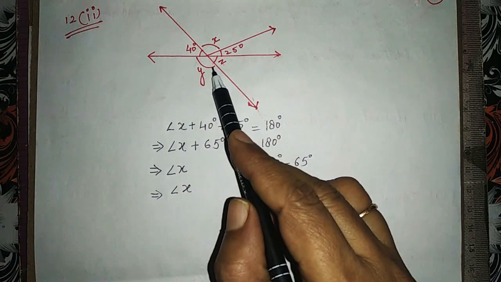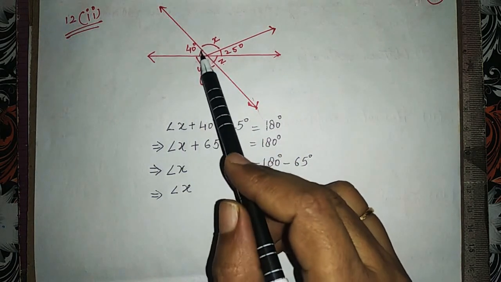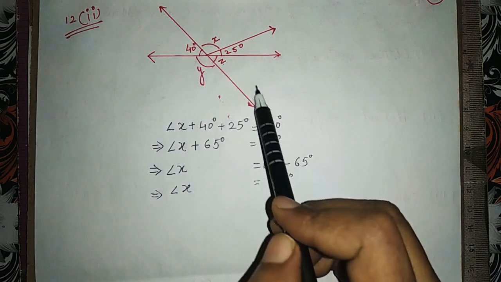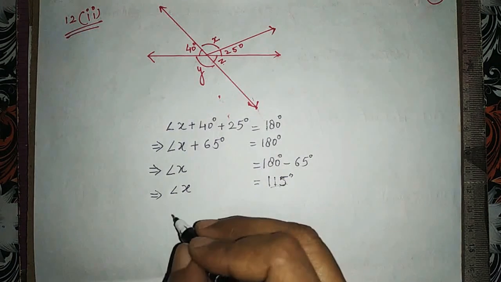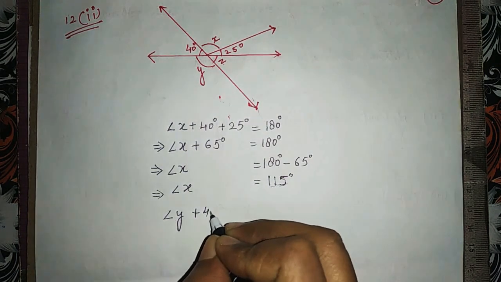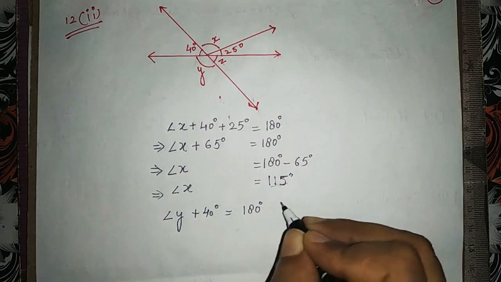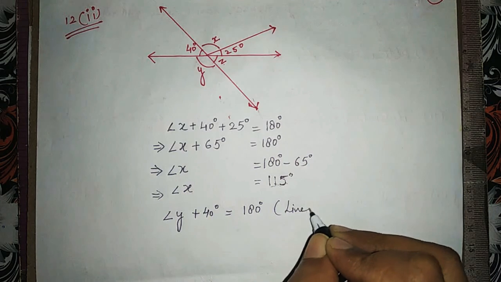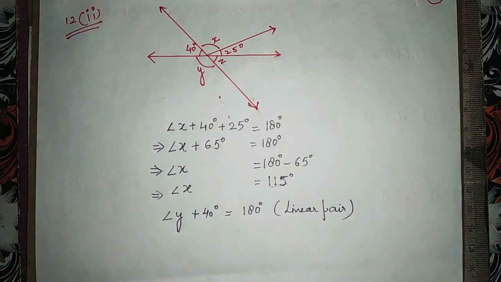For this angle Y, here you can see that angle Y and this 40 degree forming a linear pair on this straight line. Okay. So here we will write angle Y plus 40 degree is equal to 180 degree, and here we will write linear pair. Okay.